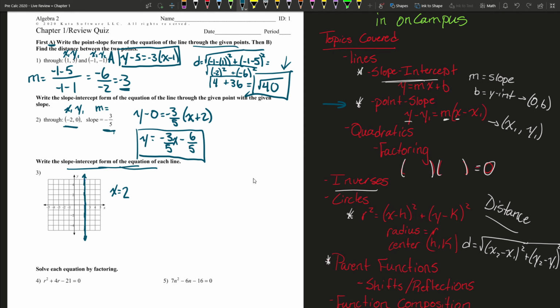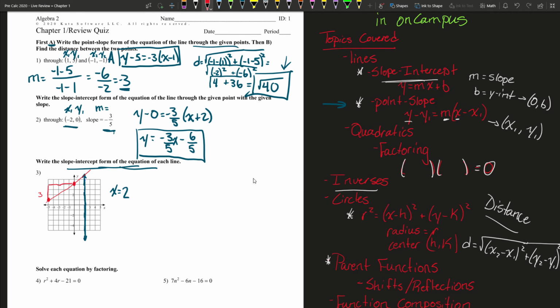On your actual quiz, you will have something that looks more like this. Let's say it goes through 4, 0, and -5, +1. So we need to find the slope. We go up 1, 2, 3, and then we'd run 1, 2, 3, 4, 5.